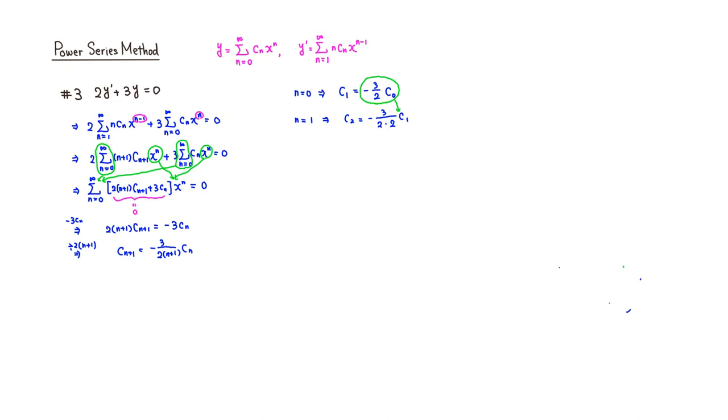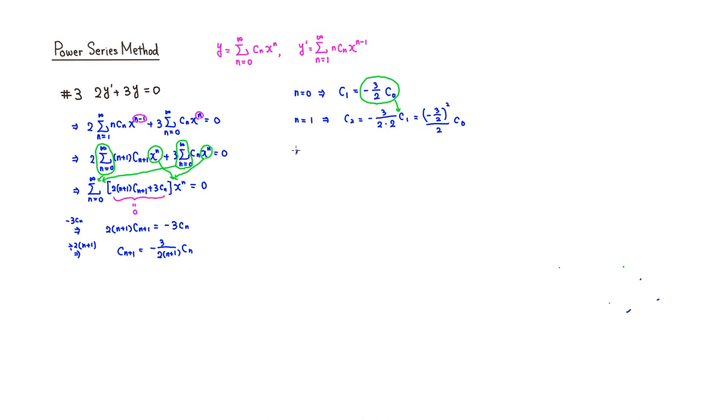What we get is negative 3/2, you have 2 of these, and then you're dividing by an extra 2, so I'm going to divide by 2. Then you have c_0. So that's what it looks like. Then let's do another one.